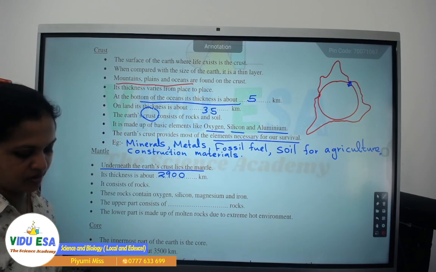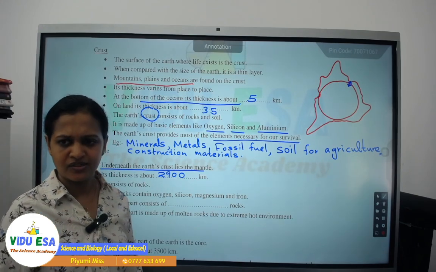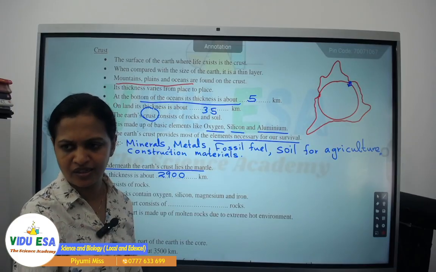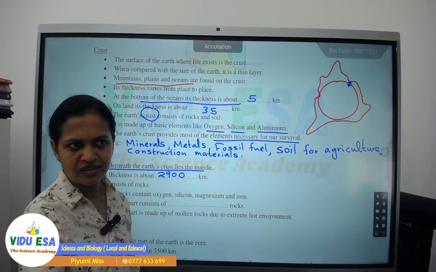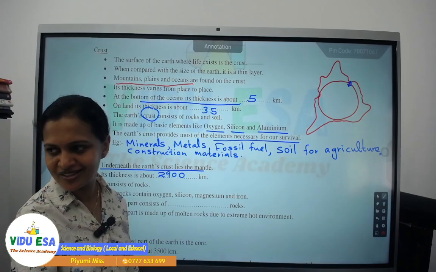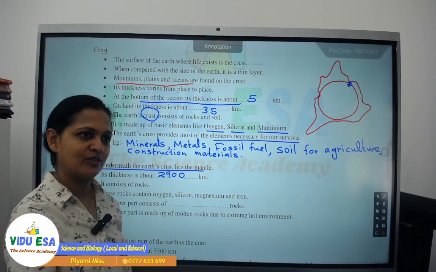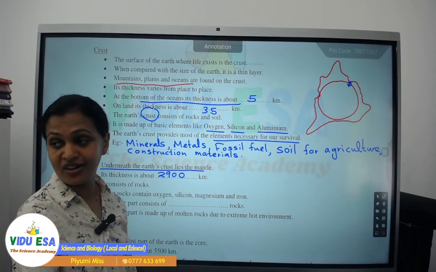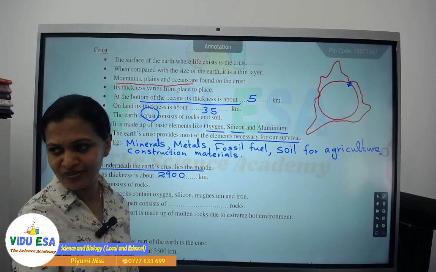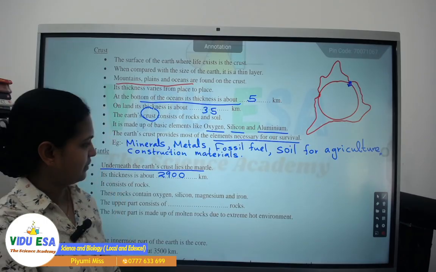The total length of Sri Lanka is something like 632 kilometers, 600 something. Now 2,900 kilometers means that is a huge thickness, right?